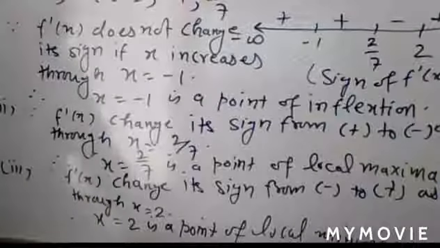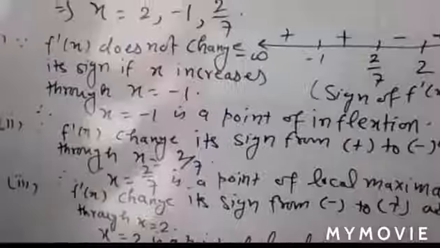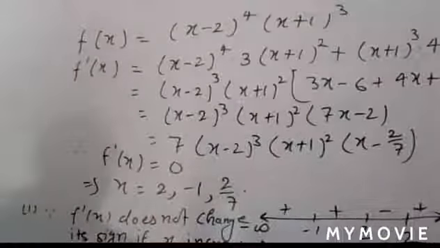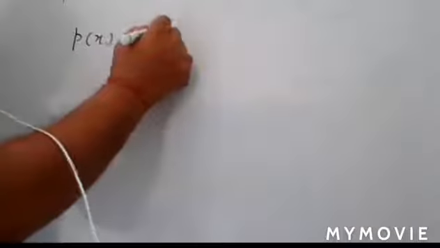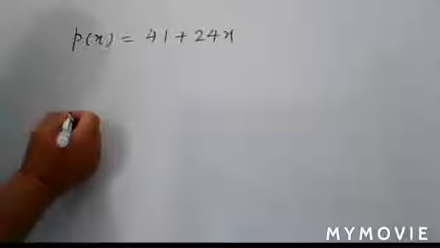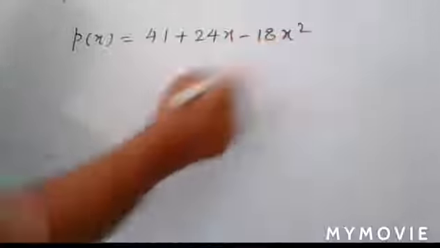Find the maximum profit that a company can make if the profit function is given as P(x) is equal to 41 plus 24x minus 18x square.